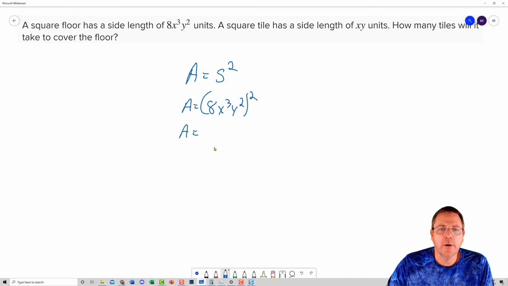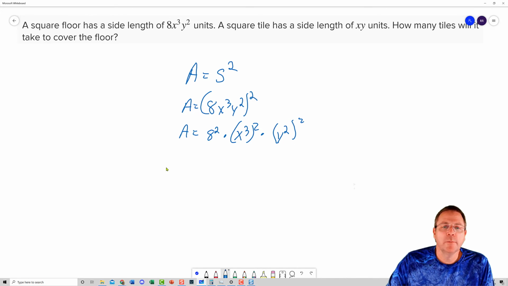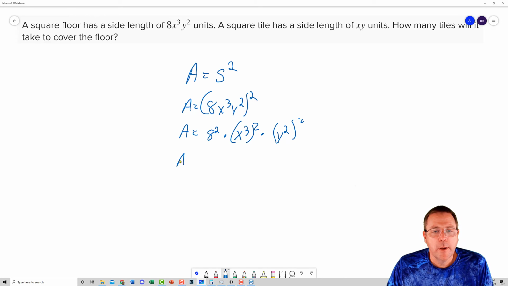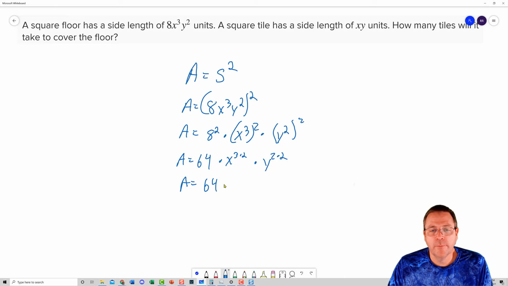Now we can say the area is equal to, distribute that 2 through there, that'll be 8 squared times x cubed squared times y squared squared. Keep working through the problem. Gives us 8 squared, which is 64, times x cubed to the 2 times y squared to the 2. Area is then equal to 64.